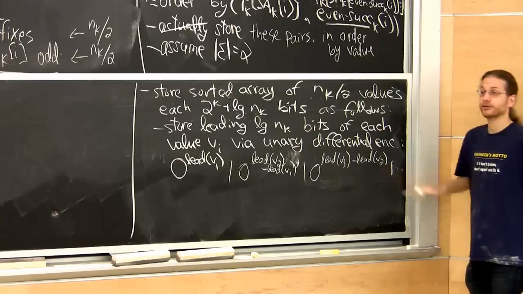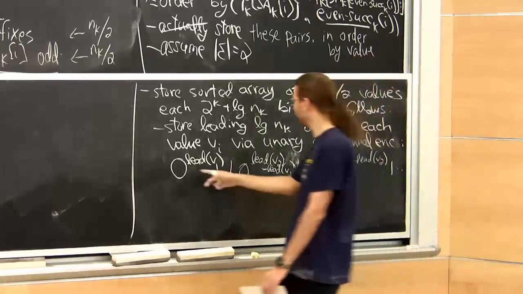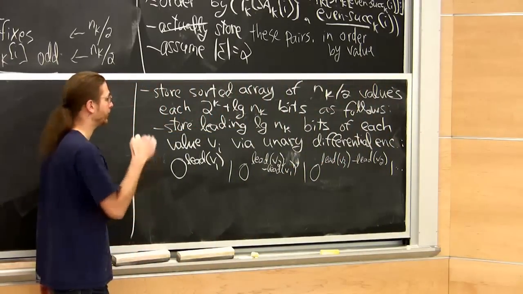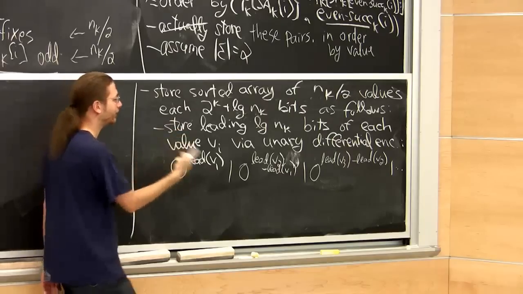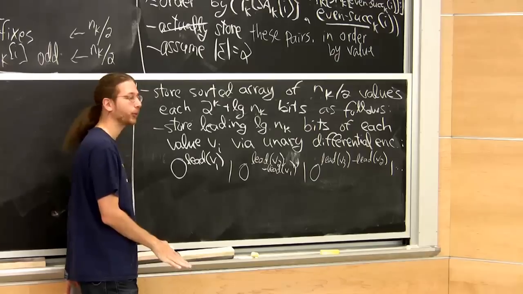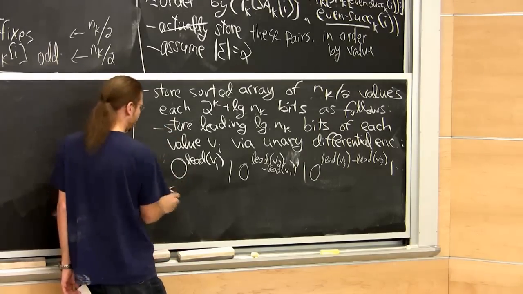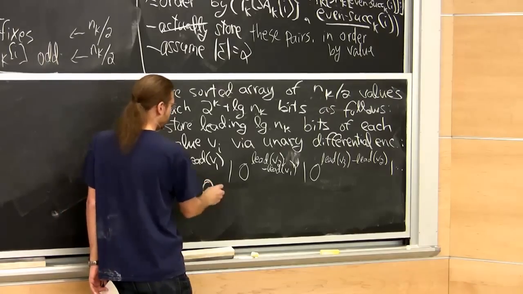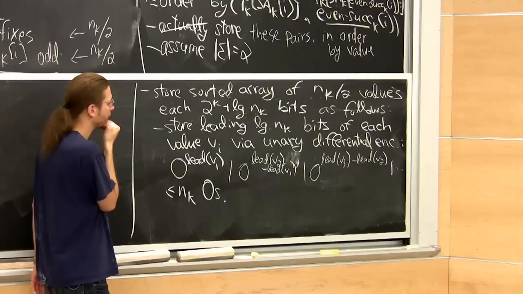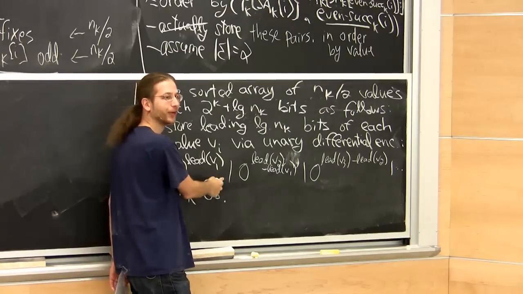I claim this is small. Looks kind of crazy, but it's small. Because how many zeros are there total? Well, at most nk zeros. Because I start at the value 0, with log nk bits, at most I get up to nk minus 1. So the number of times I increment is at most nk. How many 1s are there? Well, there's one 1 per value.